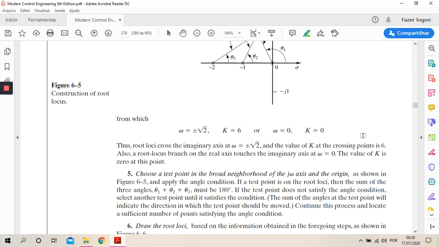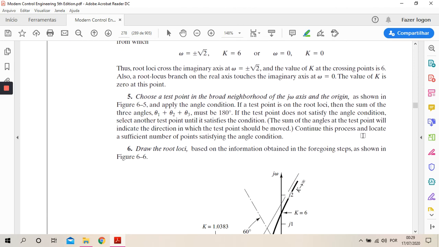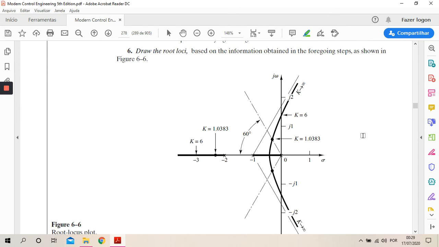The sum of the angles at the test point will indicate the direction in which the test point should be moved. Continue this procedure and locate a sufficient number of points satisfying the angle condition. Okay, and now we are going to draw the root loci based on the information obtained in the foregoing steps, as shown in figure 6-6.